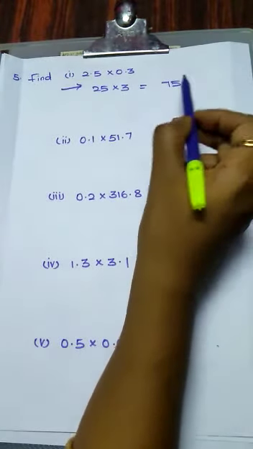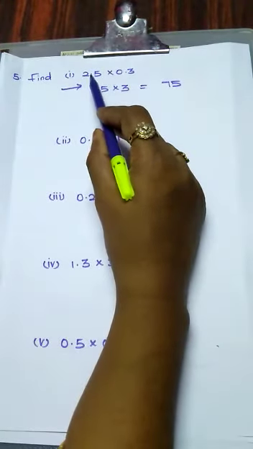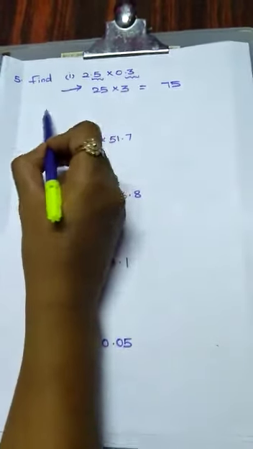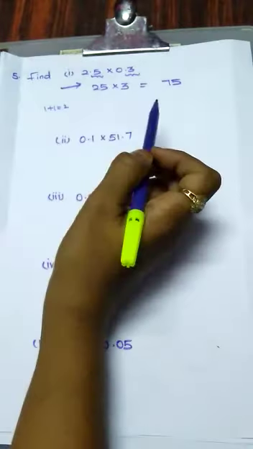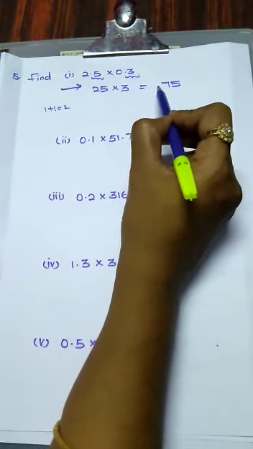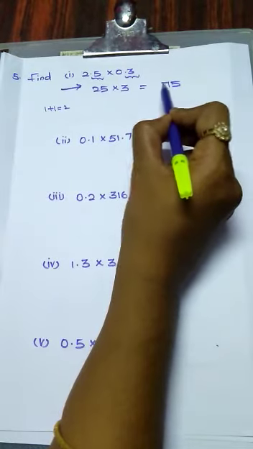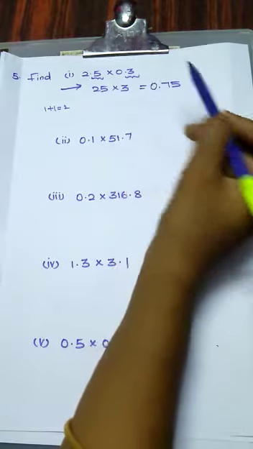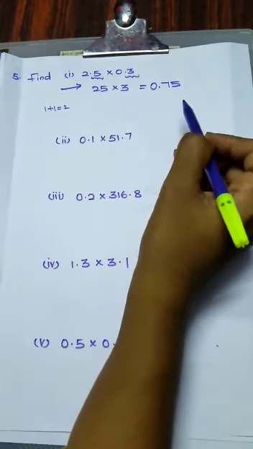Now we count the number of digits starting from the rightmost digit. Here we have one value, here also we have one value. So count the digits. 1 plus 1 is equal to 2. So move towards left, we have to put a decimal point. So 2 places only, no, here we have to put a decimal point. Before that we have to add 1 0. So the answer is 0.75.